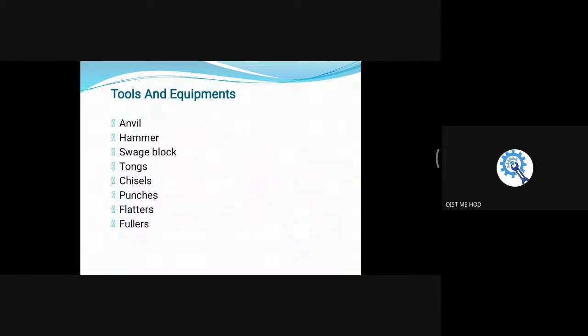इसके बाद टूल्स और इक्विपमेंट्स में क्या जरूरत है भाई, फोर्जिंग का काम के लिए. जो फोर्जिंग स्मिथी वर्क होता है, what type of tools and equipments are required, that is called anvil, hammer, swage block, tongs, chisel, punches, flatters and fillers.